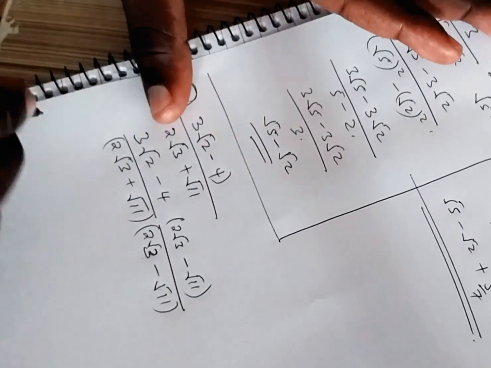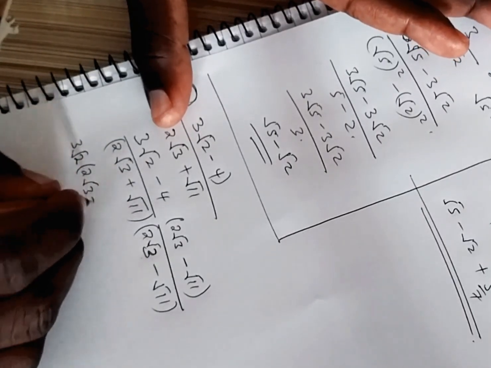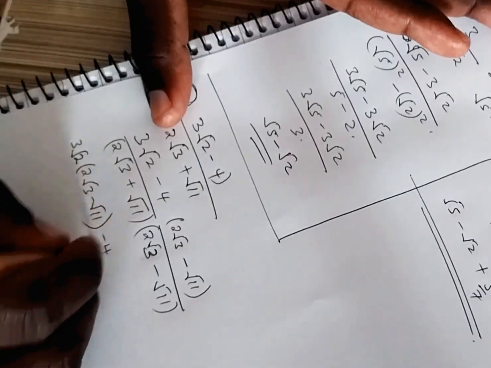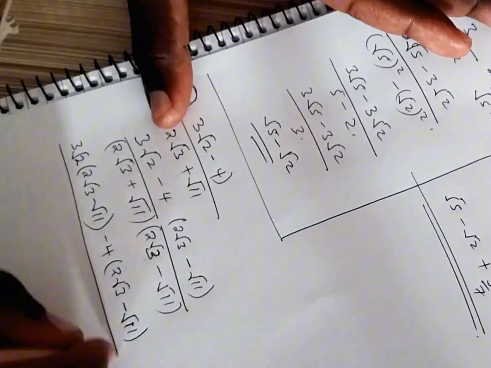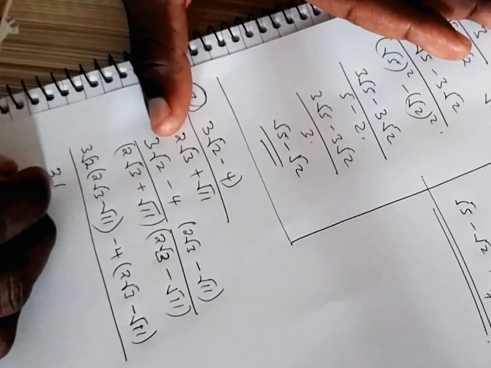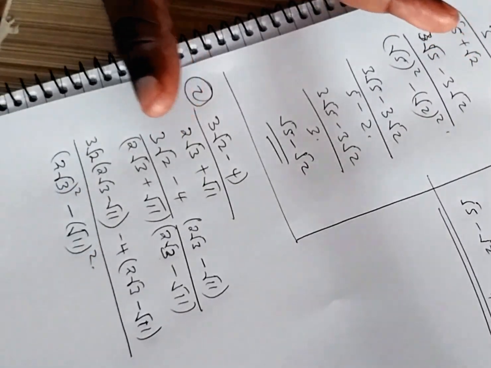For the numerator, we will have 3 root 2 into 2 root 3 minus root 11, minus 4 into 2 root 3 minus root 11. Of course, the denominator is 2 root 3 squared minus root 11 squared.